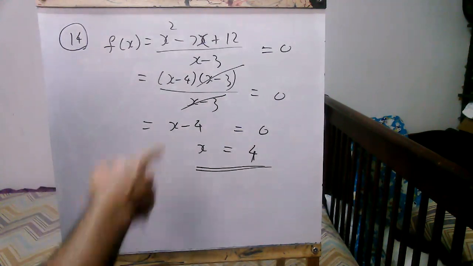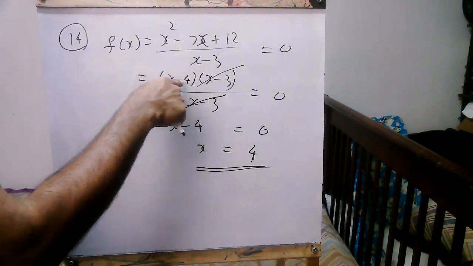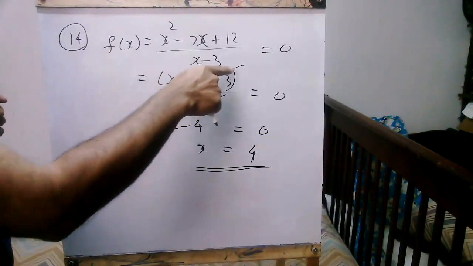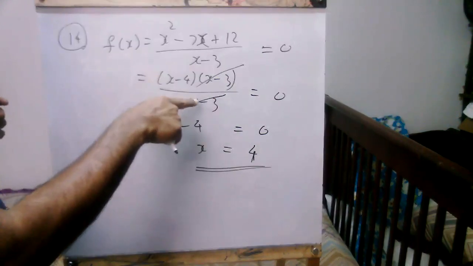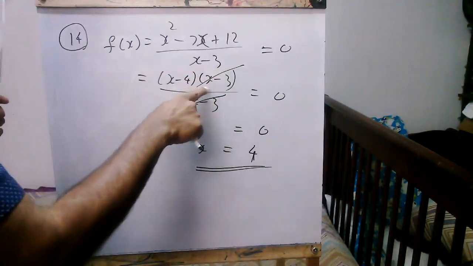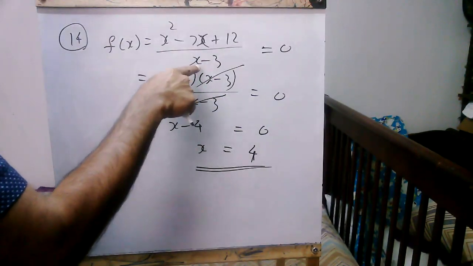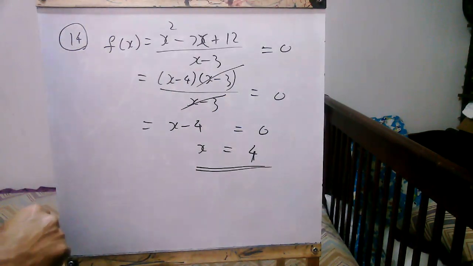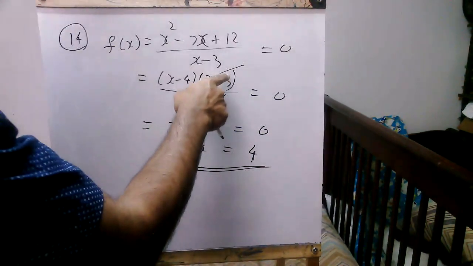You may argue that f of x is 0 when x equal to 4 or x equal to 3. No. Even if you don't cancel out, when x equal to 3, what happens? The denominator is 0, which is undefined.